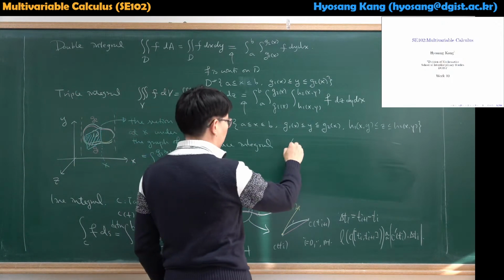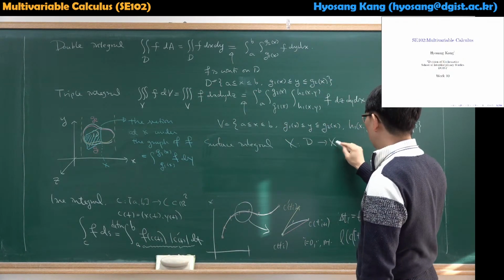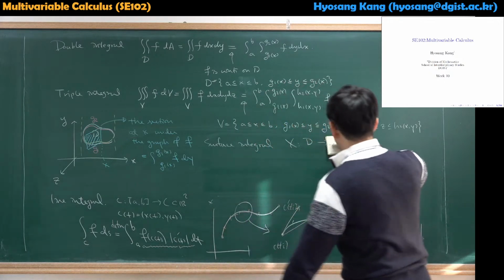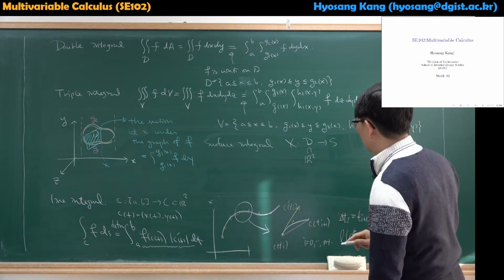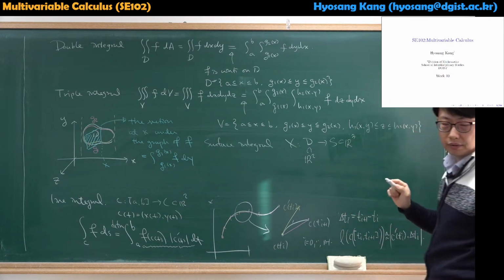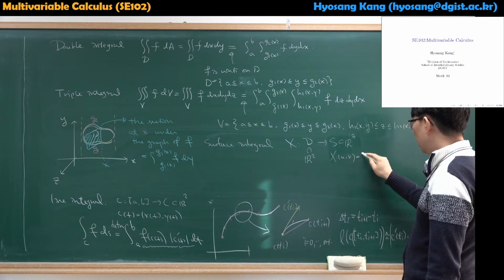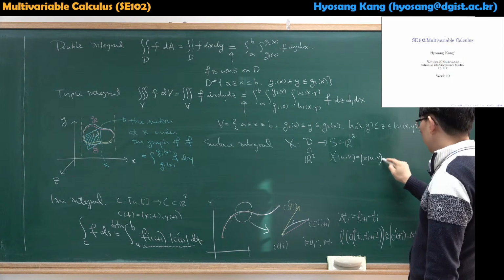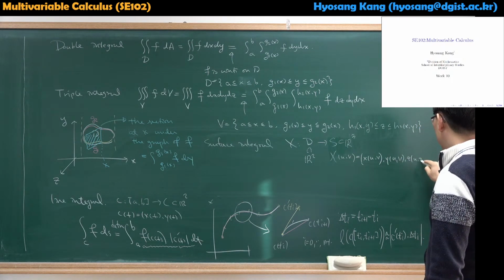I'm going to take that as x, which takes D to the surface S. So D is a two-dimensional region, and S is a surface in three-dimensional space. Okay, so in principle, you have x(u,v) equals (x(u,v), y(u,v), z(u,v)).